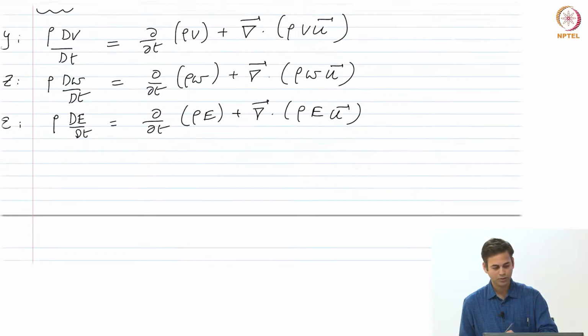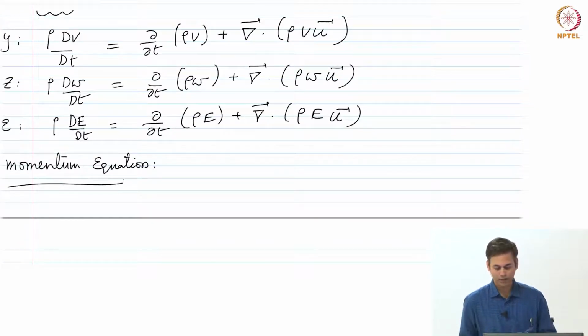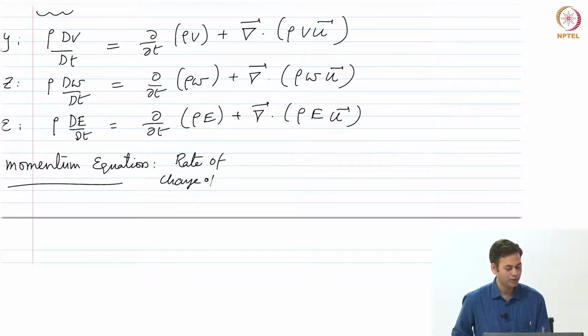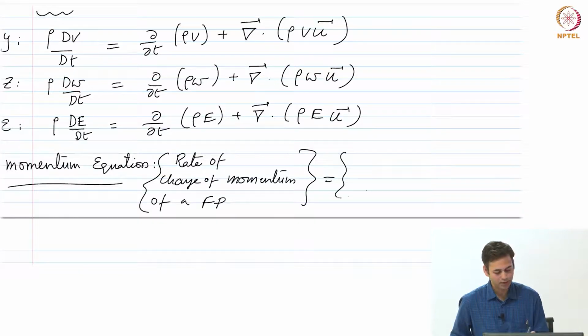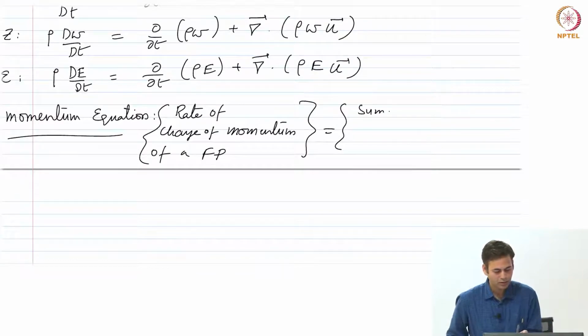Okay, so we will move on to the momentum equation. The momentum equation, I would write it here: the rate of change of momentum of a fluid particle equals the sum of forces, or resultant of forces, acting on the fluid particle.